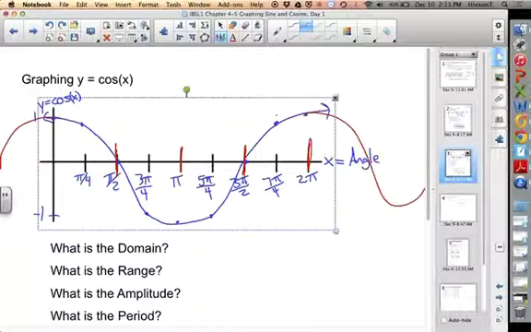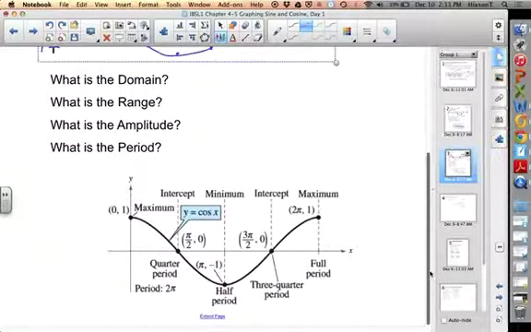Where is cosine positive? First and fourth quadrants. That's right here and right here. Here's the second and third quadrant where it's negative. You can see that there.